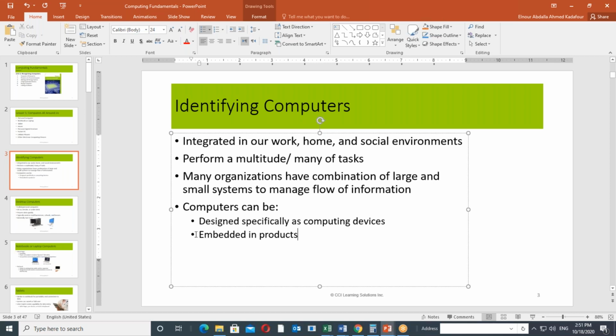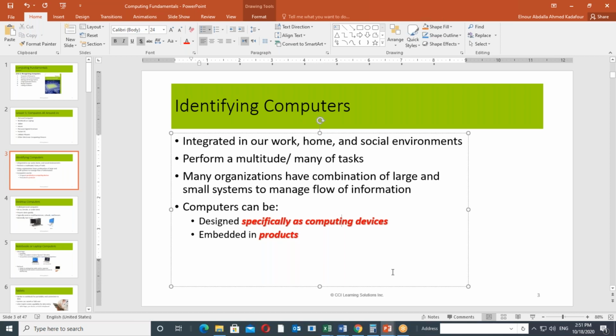So there is a computer inside this device, but the computer is not intended here. I need the function of this product, but I'm not concerned about the computer itself. While over here, yes, 100% I am interested in the function of this PC, of this computer.